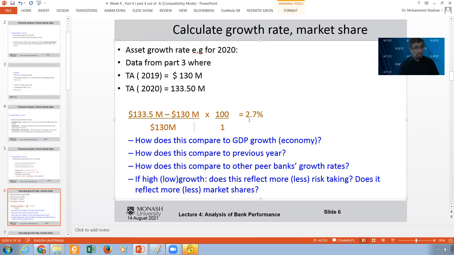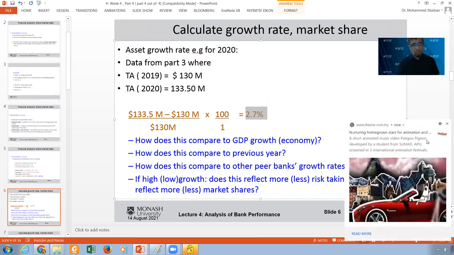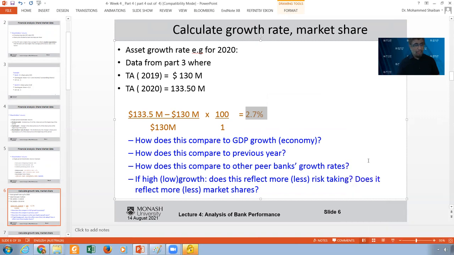So you can calculate the growth, which is 2.7%, and you can compare this growth to the other growth in the industry and ask how the growth compares to GDP. Maybe the whole country is growing and the GDP growth is increasing. So the economy is increasing and banks are one of those; the growth is impacted by the economy.